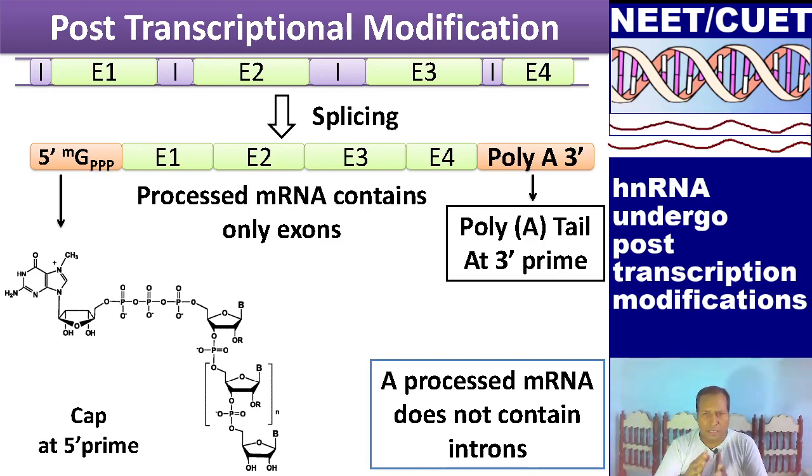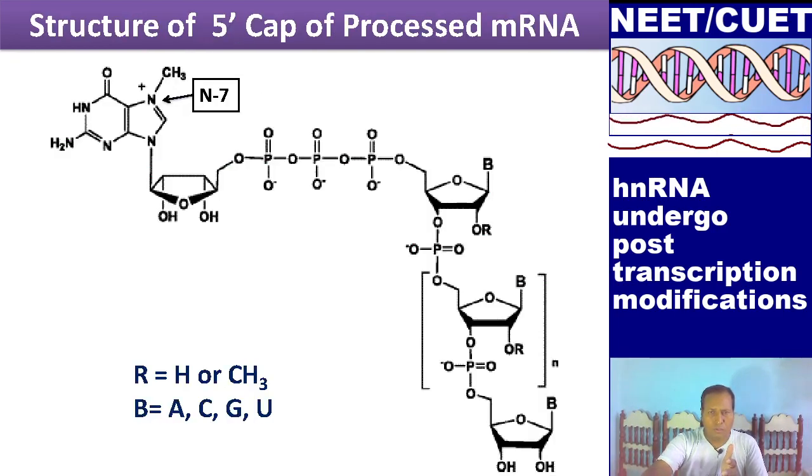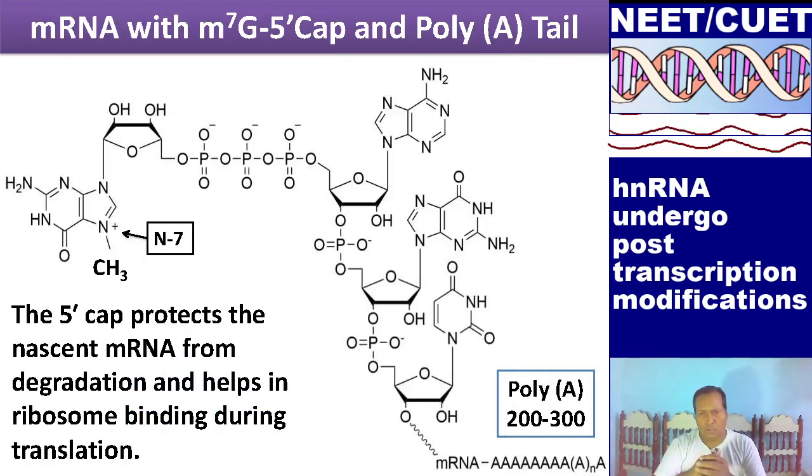Thereafter, there is a chemical modification at 5 prime, which is known as capping at 5 prime, and the second modification is polyadenylation, in which there is the addition of about 200 to 300 adenine residues at 3 prime of the newly synthesized hnRNA.